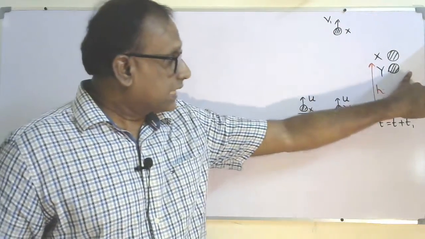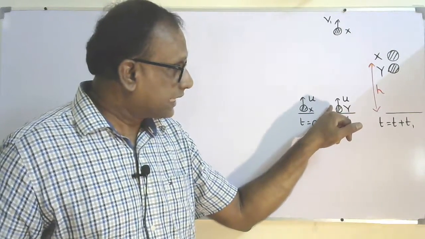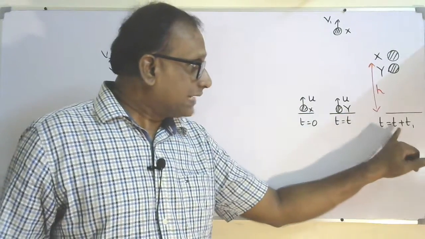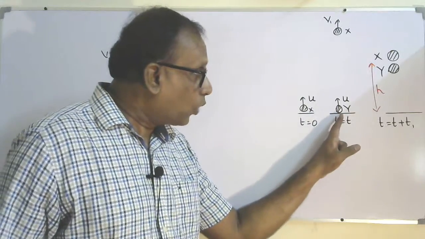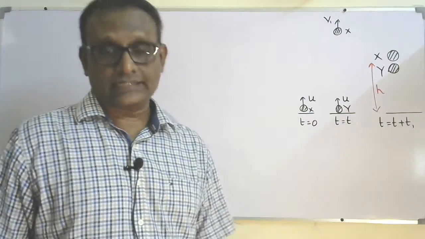So at time t equals t1, the ball y was thrown at time t after the time x was thrown, but at time t1 they are colliding. That means the ball y took a time of t1 to hit the ball x.